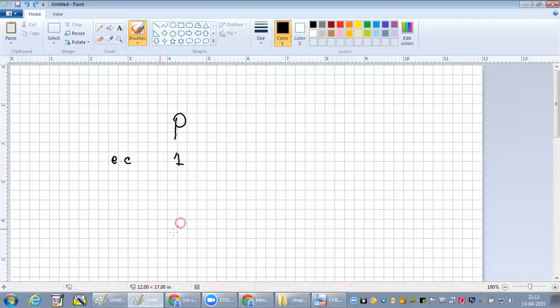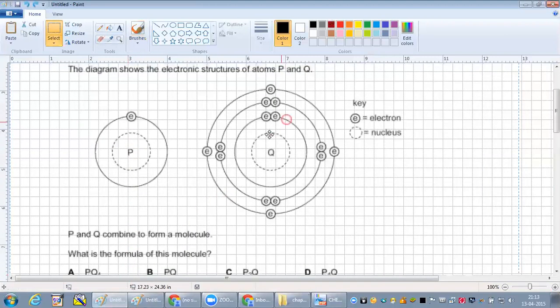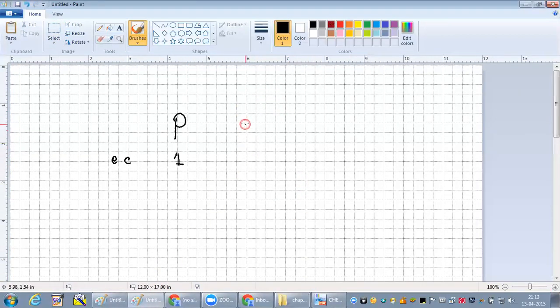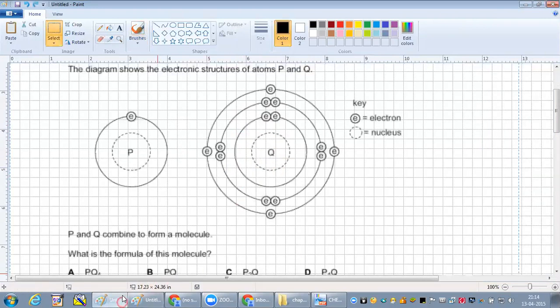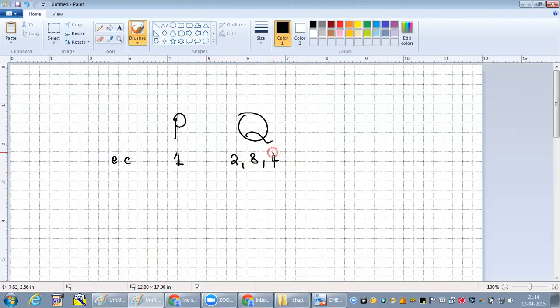And Q that is there, it's having 4 electrons in its outermost shell. So Q is there. First orbit is 2, second orbit is 8, third orbit is having 4 electrons. This is the electronic configuration for Q. Now in the outermost orbit here there are 4 electrons.